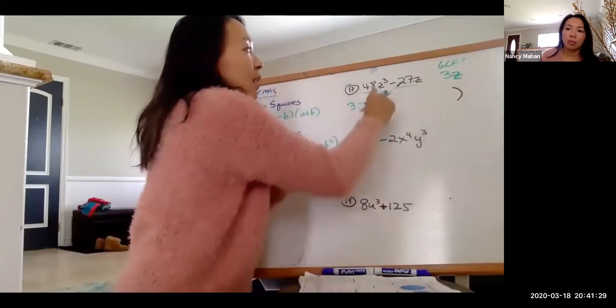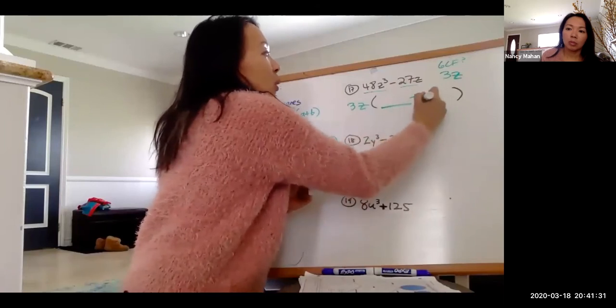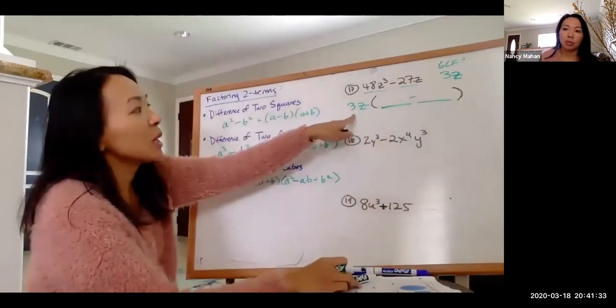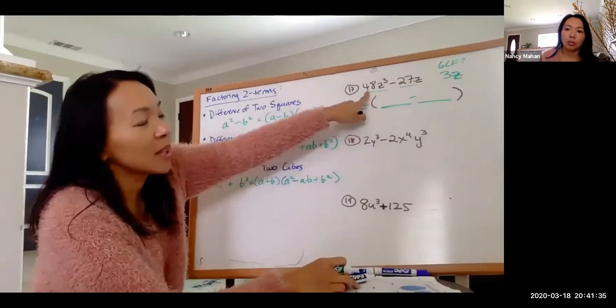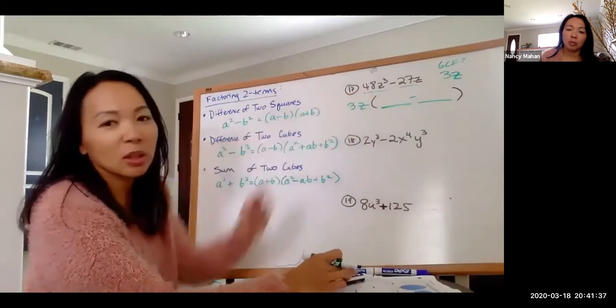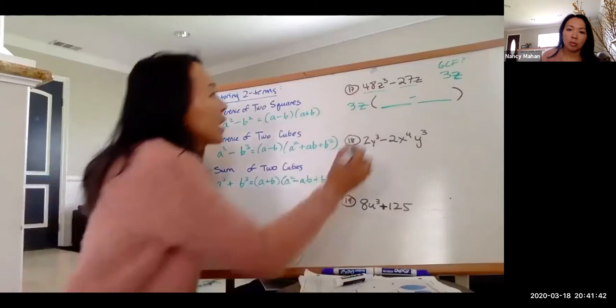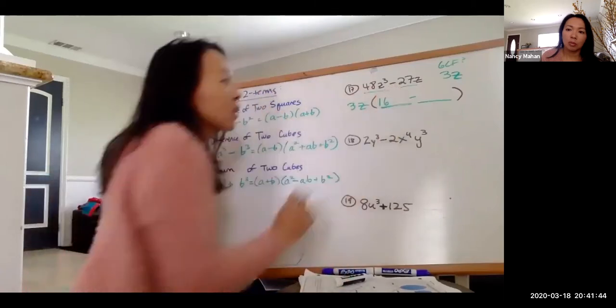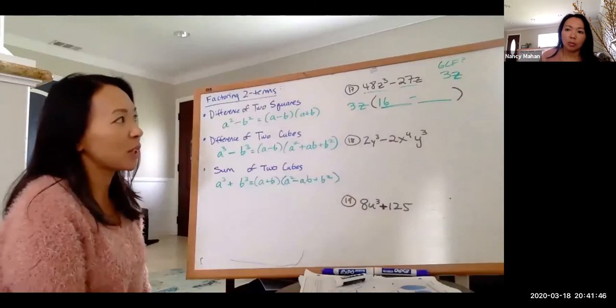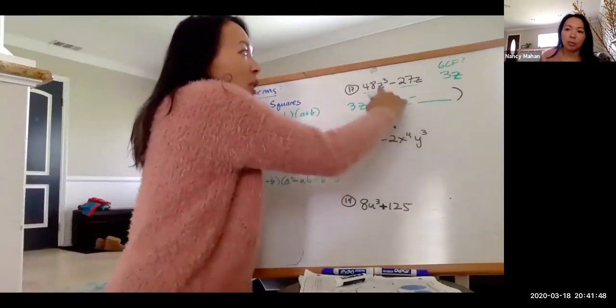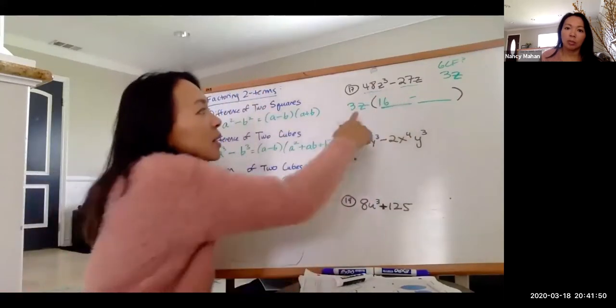Since there are 2 terms, there are also 2 terms here. So 3z times what will give me 48z cubed? 3 times what will give me 48? In other words, what's 48 divided by 3? The answer is 16, so 16 times 3 will give me 48. Z times what will give me z cubed?